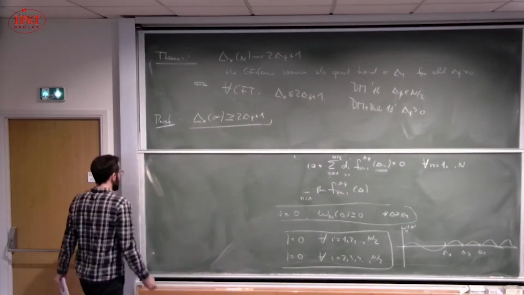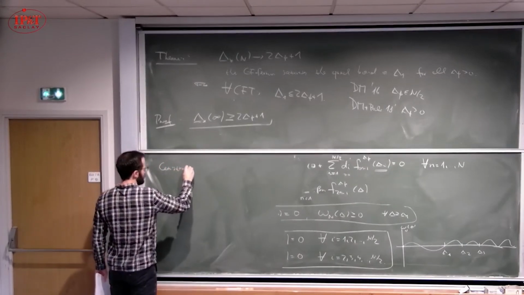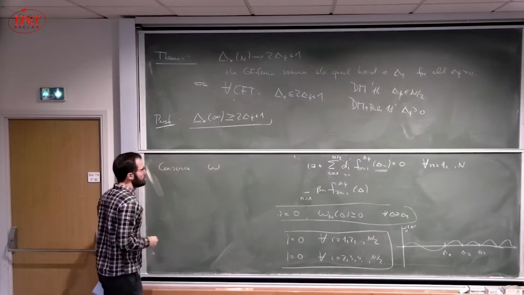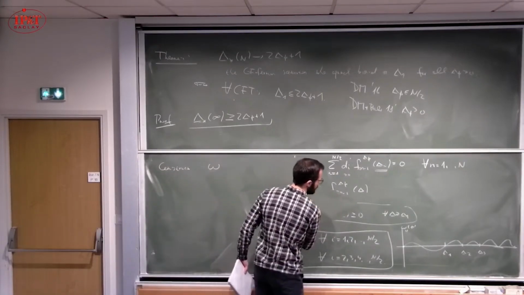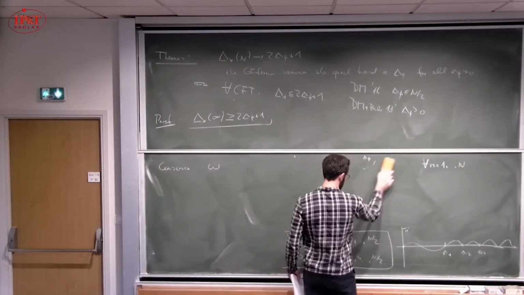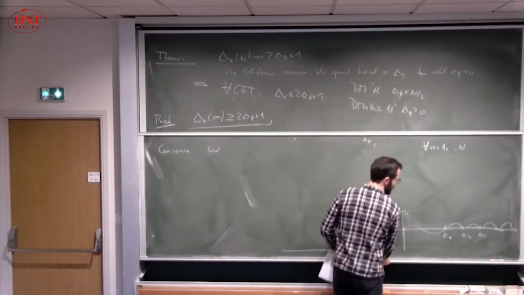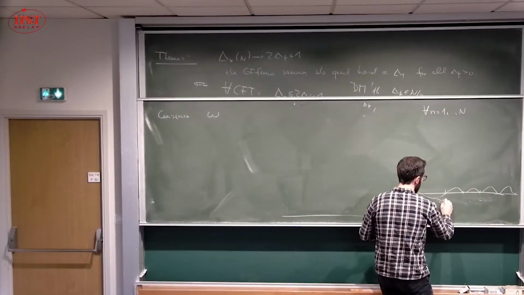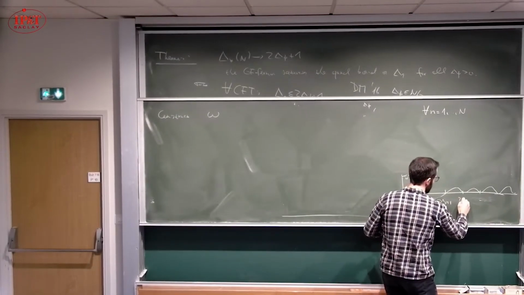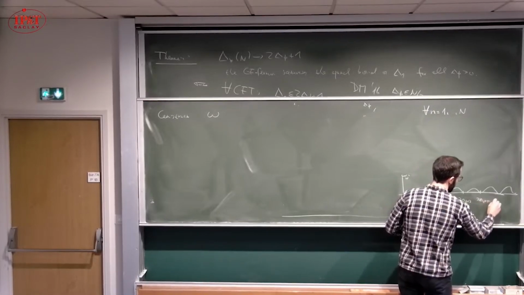What remains to be shown is to construct omega, which certifies that this is the bound. What we need to construct is a functional whose zeros are 2 delta phi plus 1, 2 delta phi plus 3, 2 delta phi plus 5, and so on.